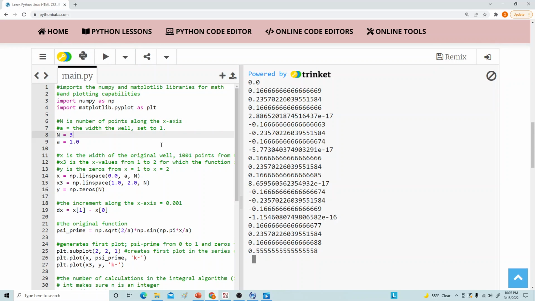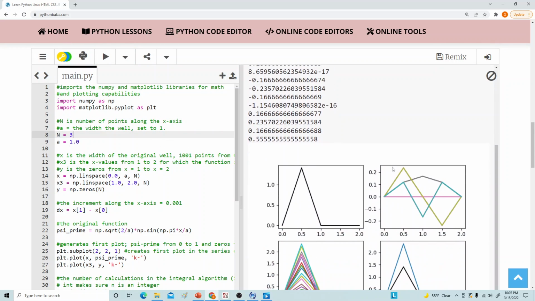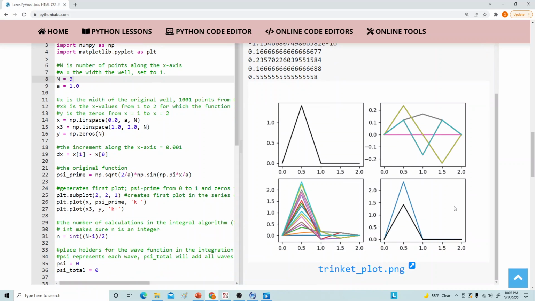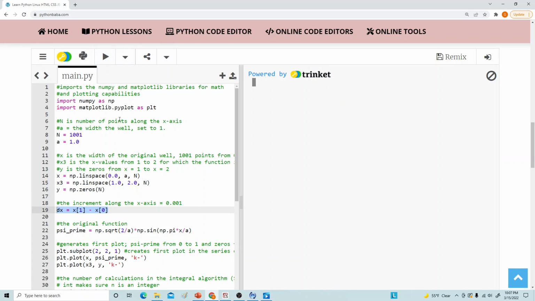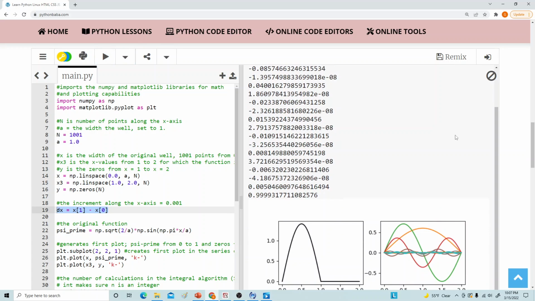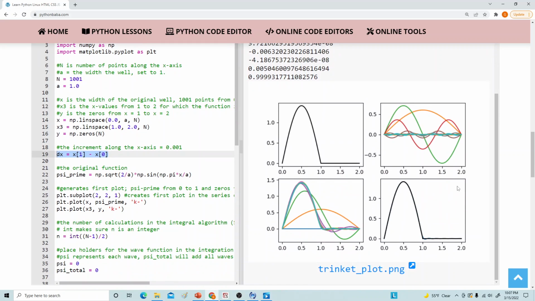It might even break, okay? Yeah, so it didn't exactly break, but you definitely don't see the nice smooth curves that we're after. So choosing your number of increments across your x-axis is non-trivial. Choosing your increment is non-trivial. But as long as those are chosen appropriately, you should be able to get fairly good results.